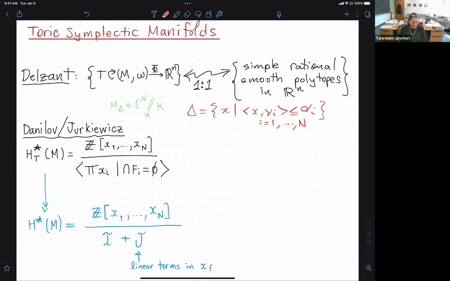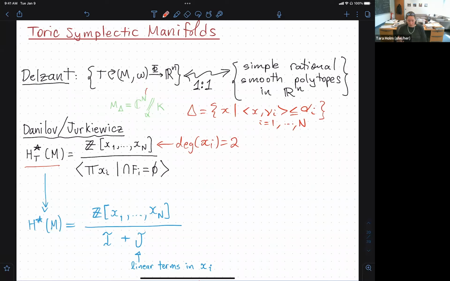This capital N is the number of facets in the polytope, and that capital N shows up here. So I take as generators for equivariant cohomology one generator for each facet. These each have degree 2. And then I mod out by the ideal generated by, well, this is called the face ring of the polytope.